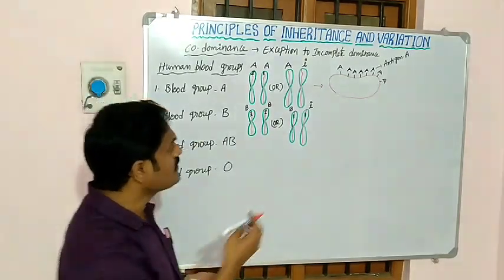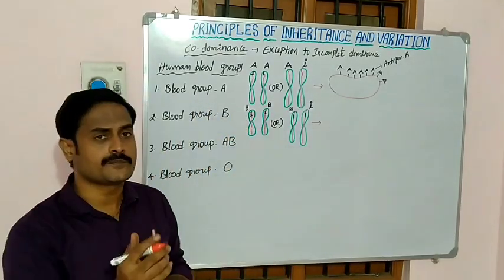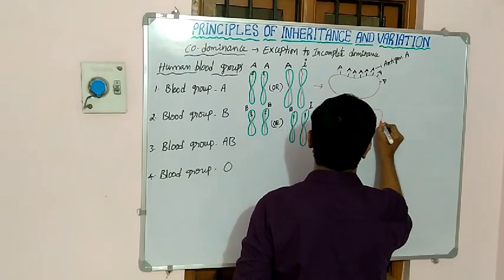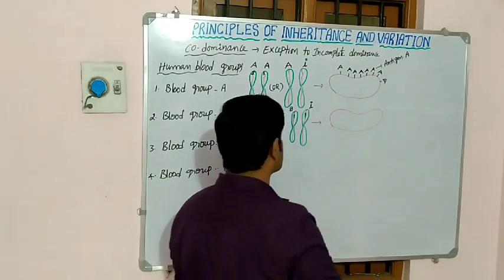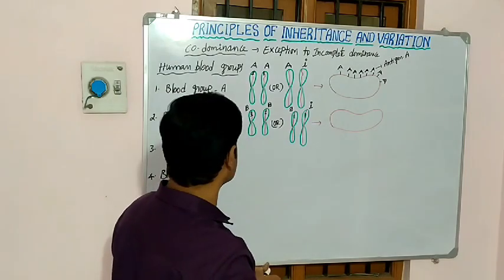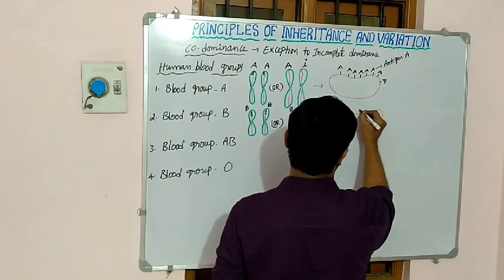Then what kind of antigens are present on the surface of the RBC? So this is the RBC, and the surface of the RBC consists of proteins. Already you know these are all proteins.